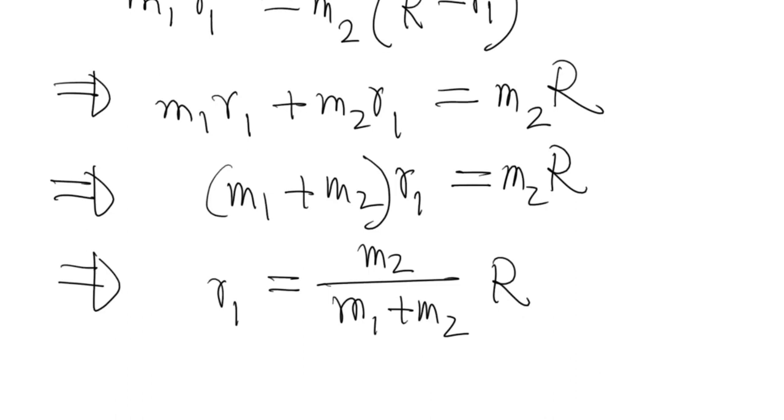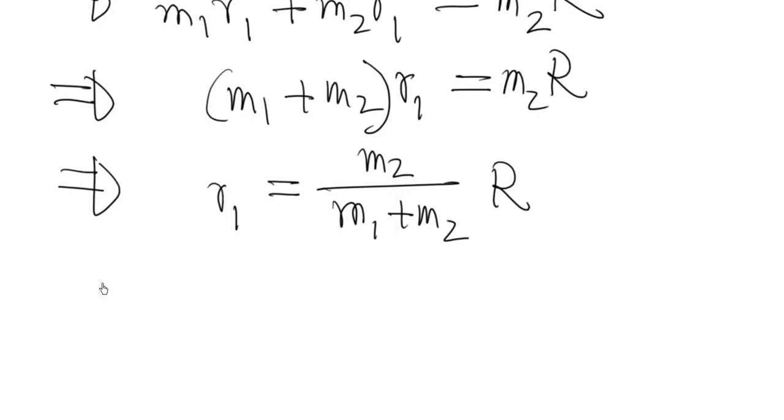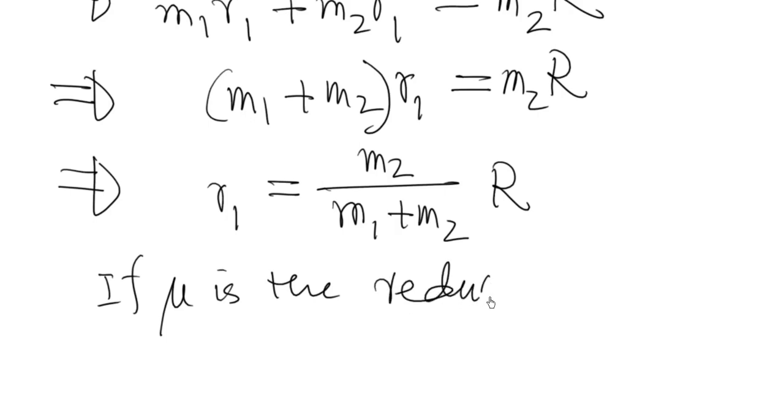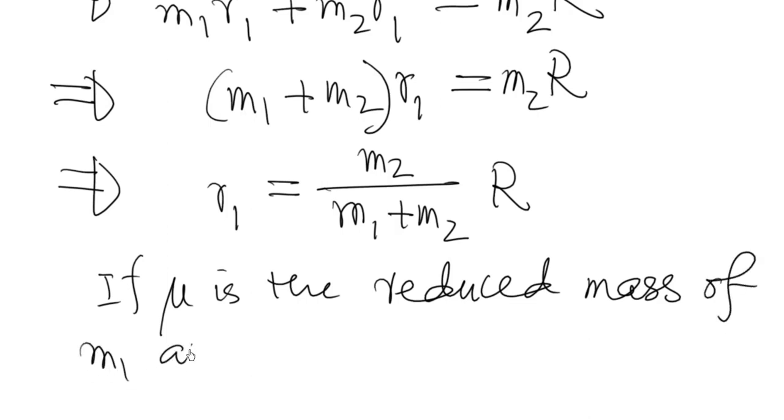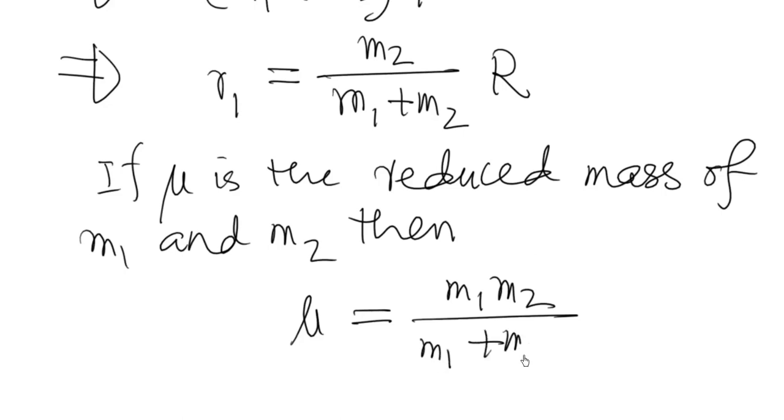Now if we define mu as the reduced mass of the system of M1 and M2, then we know that the reduced mass mu is equal to M1 M2 divided by M1 plus M2.